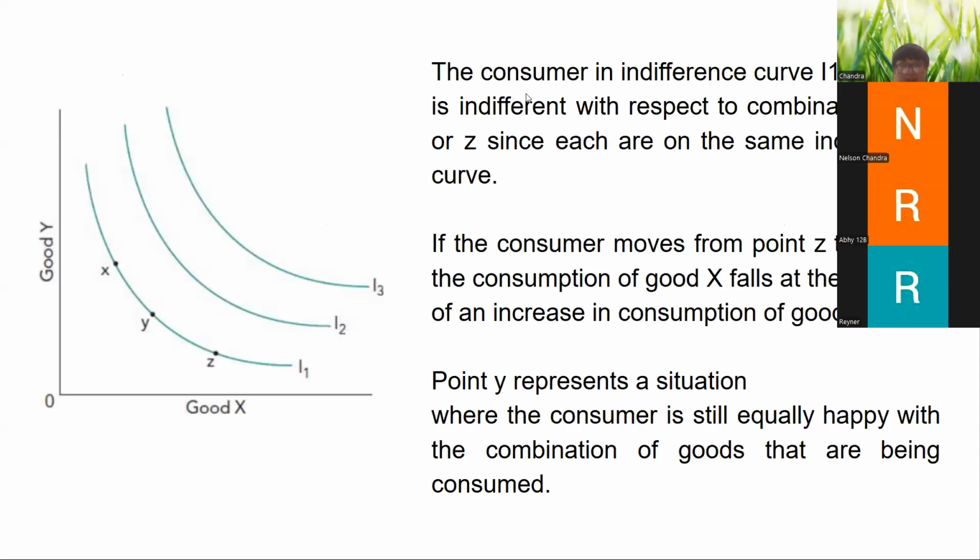Okay, so we have this diagram. We have indifference curve 1, indifference curve 2, and indifference curve 3. If it is under one indifference curve, it will definitely have the same level of satisfaction.